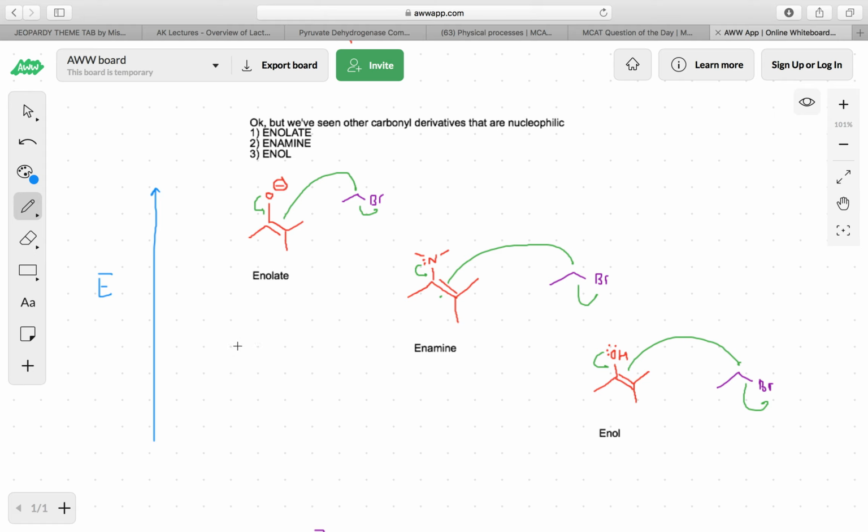So for the enolate, it should look something like this. And because it's two carbons you're adding on, it'd be 1, 2. Something like this. For the enamine, it's not fun to draw. You're going to get a pi bond here, so positive charge on this nitrogen.